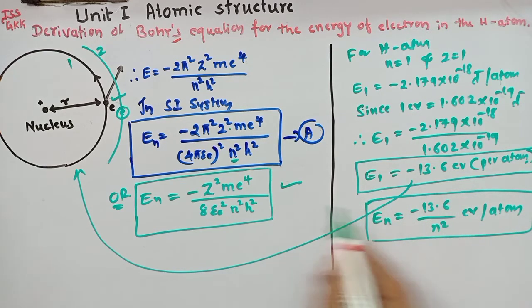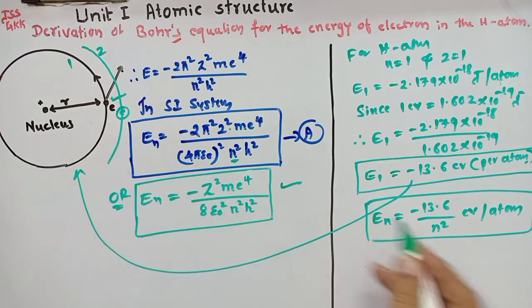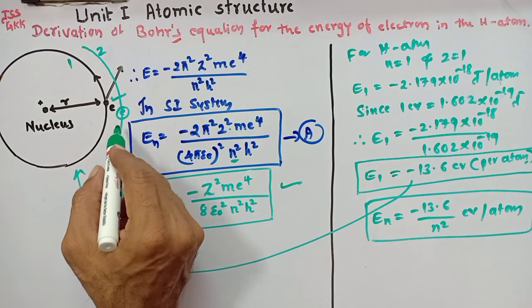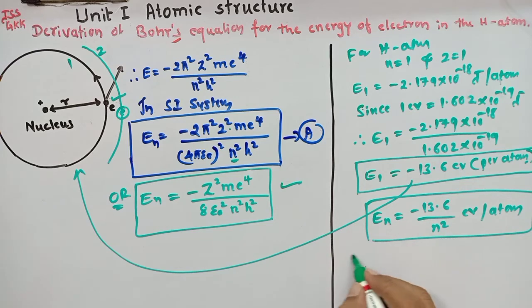That means if you want to calculate the energy associated with the second orbit, then you have to put n is equal to 2.